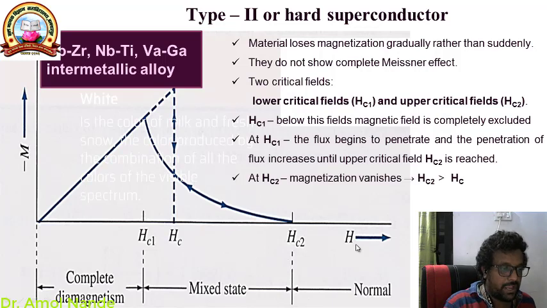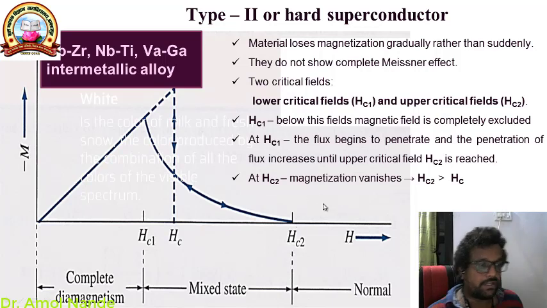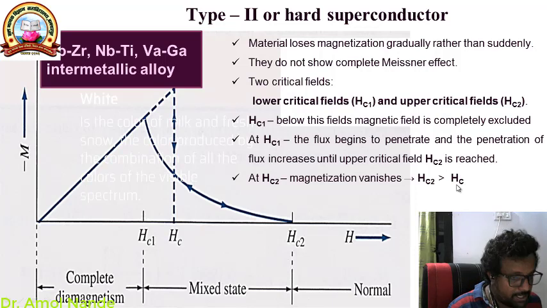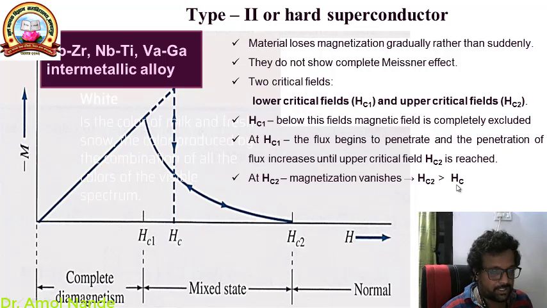And clearly Hc is roughly between Hc1 and Hc2, and we can say that the Hc2 value, the upper critical field value, is greater than the actual critical field of that specimen. So these points you have to keep in mind while studying type 2 superconductors.